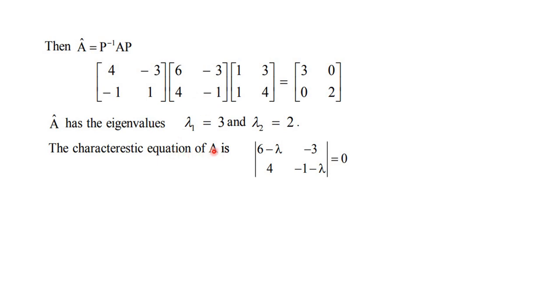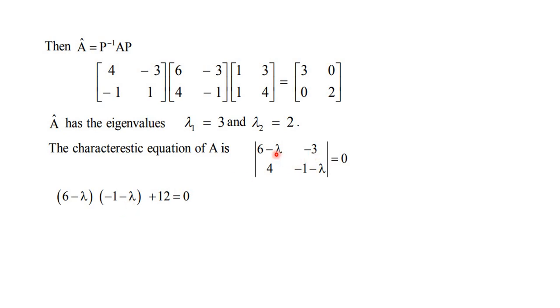The characteristic equation is determinant of A minus lambda I equal to 0. That is, the determinant of 6 minus lambda, minus 3, 4, minus 1 minus lambda equals 0.